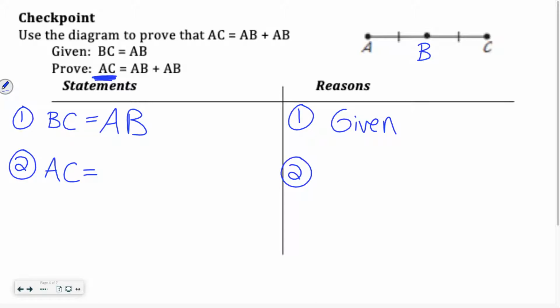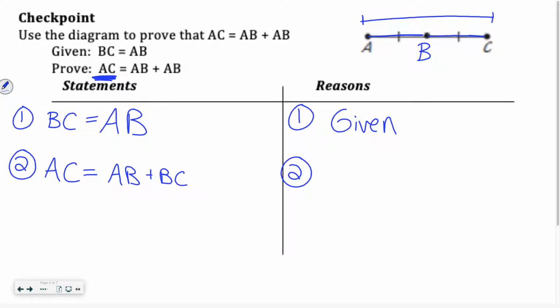If you look at that picture, what two parts make up segment AC? Because there's two smaller segments in there. You should be thinking, all right, the left part is AB. I take AB, and I add in the right side, which is BC. So AB plus BC, I'm going to get AC.